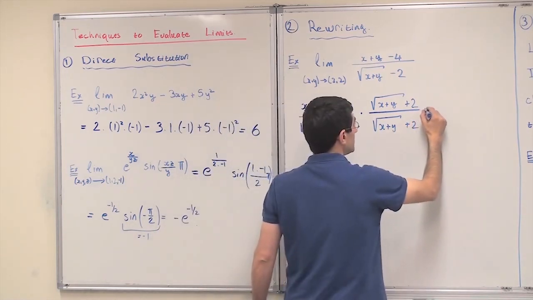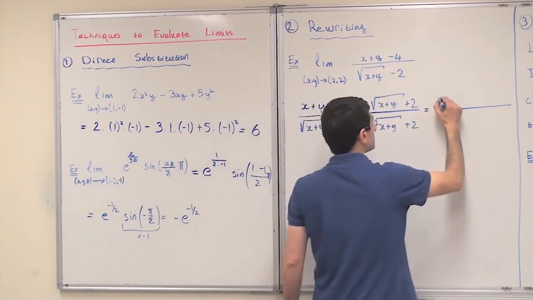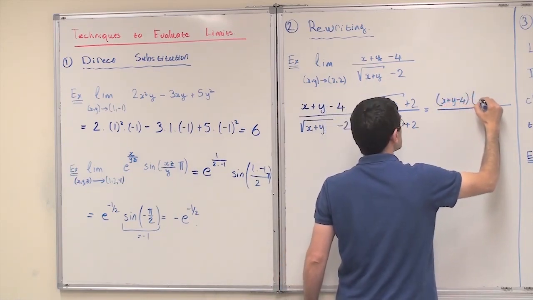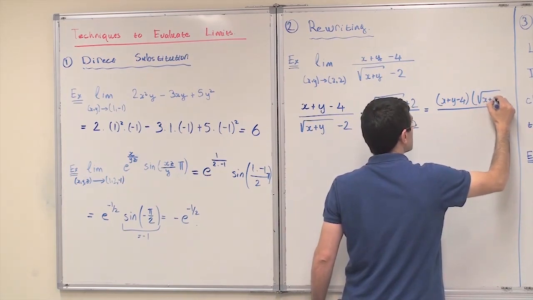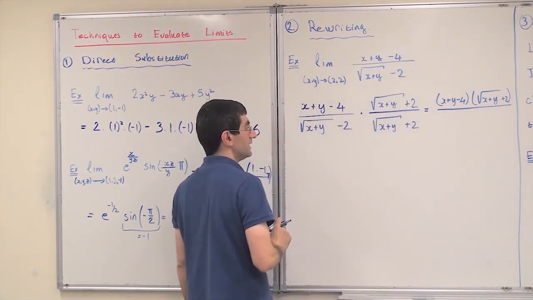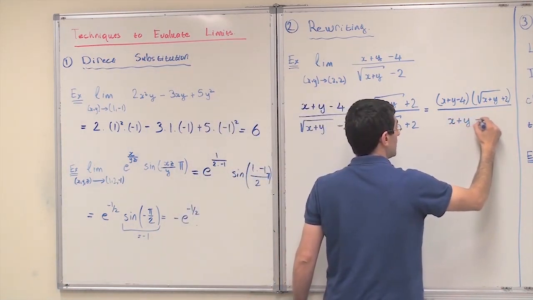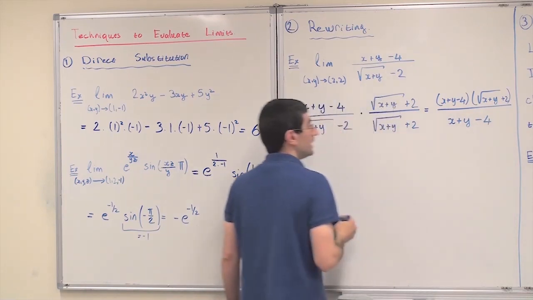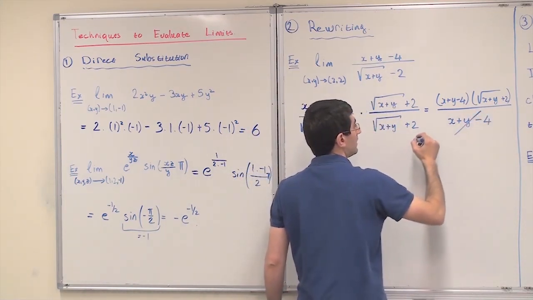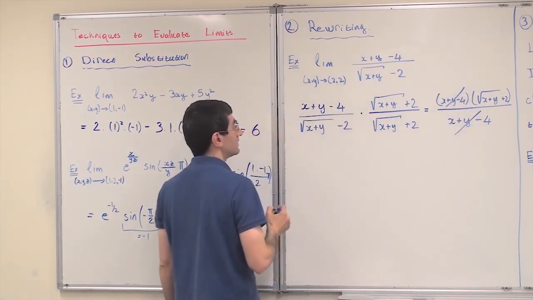Then the numerator will be x plus y minus 4 times square root of x plus y plus 2, and the denominator will be a difference of two squares, which is x plus y minus 4. Then I simplify the expression x plus y minus 4 from the numerator and the denominator.